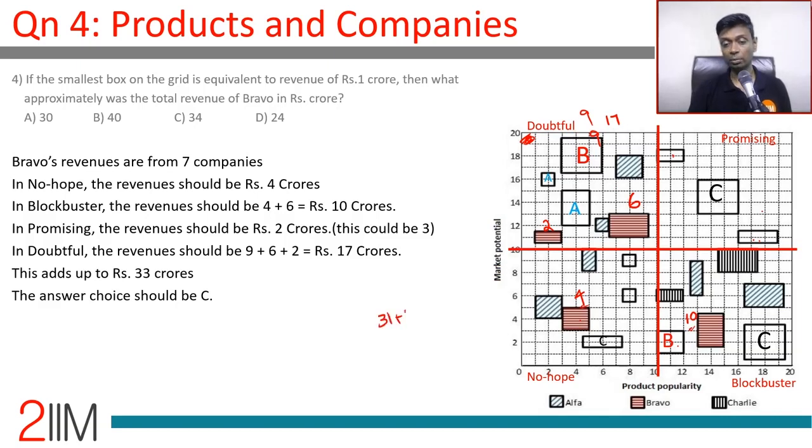We're looking at 31 plus 2 or 31 plus 3. The choices had 33 and 34. We'll come back to the remaining A and B being equal and then nail this. But we have only 34, or the 34 crore number is the revenue. And so 17 plus 4 plus 10 adds up to 31. Plus 2 or plus 3, basically plus 3. This should be B, this should be A.